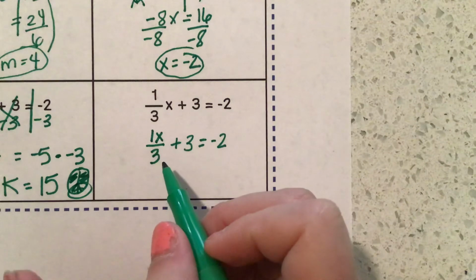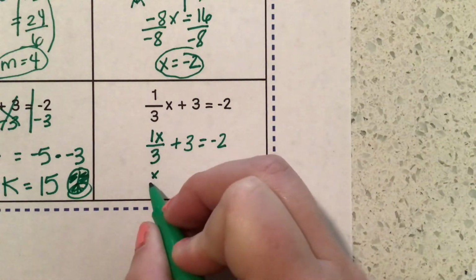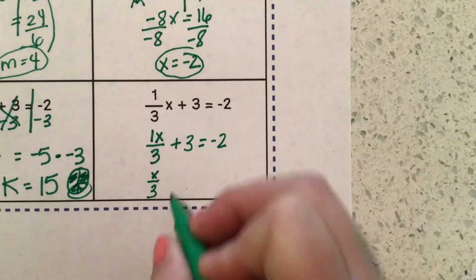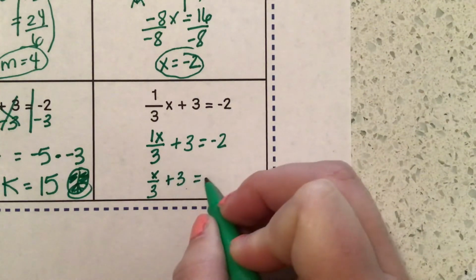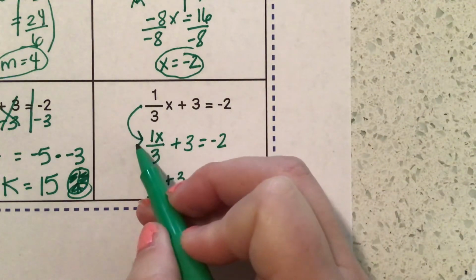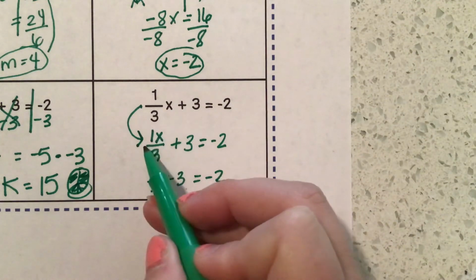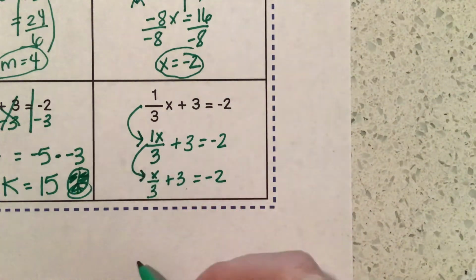We've done this example several times in class. So I can rewrite 1x to just say x over 3 plus 3 equals negative 2. Basically, I just rewrote it to put the x with the 1, and then I said, oh, well, 1x is the same thing as just saying x.